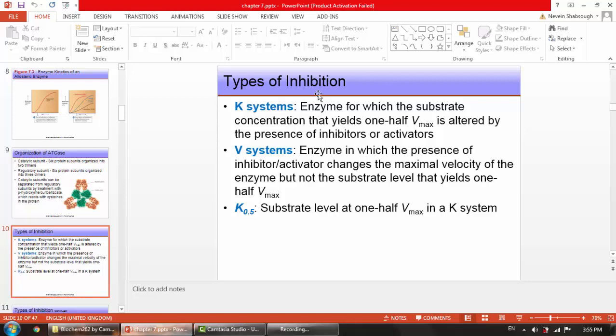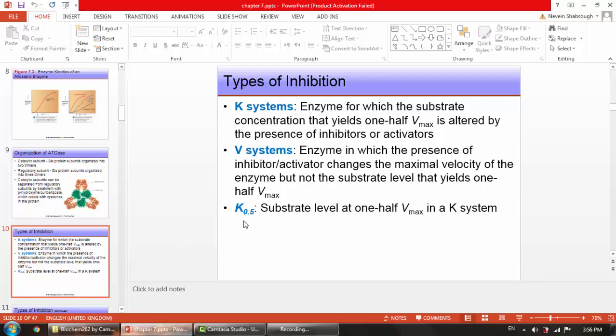There are 2 types of enzyme inhibition mechanism, the K systems and the V systems. Now, for any enzyme that belongs to the K system, when we add an allosteric activator or inhibitor, what changes is the substrate concentration that yields 1/2 Vmax, and we call this K 1/2.